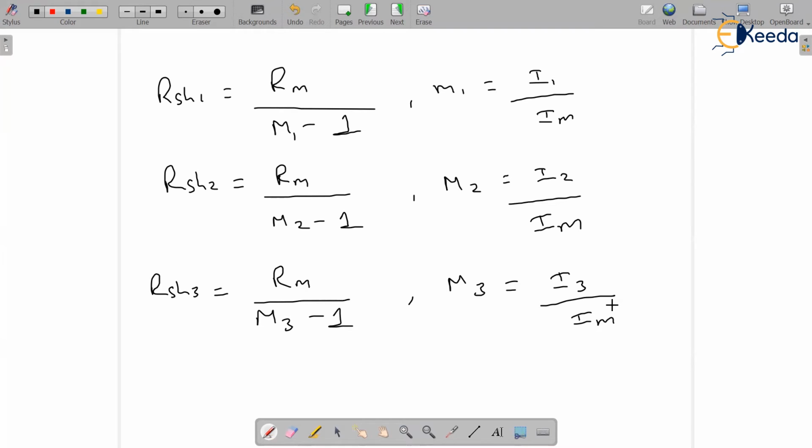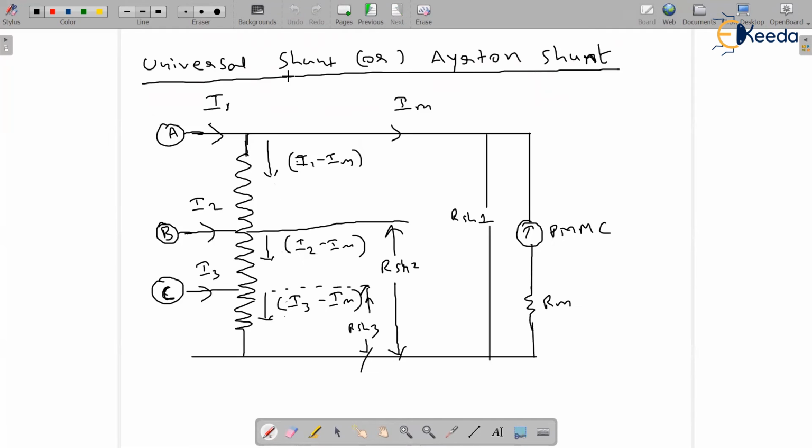Now let's go by universal shunt, or Ayrton shunt. In this you will have only one resistance, like your potential divider rule, or like a rheostat in your laboratory by varying the position of it.